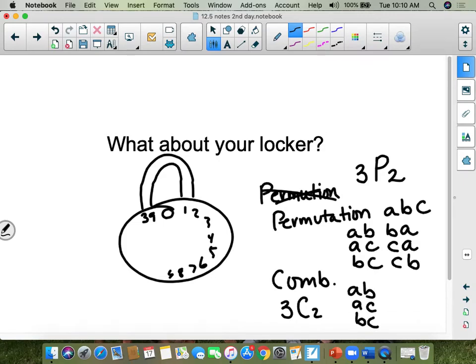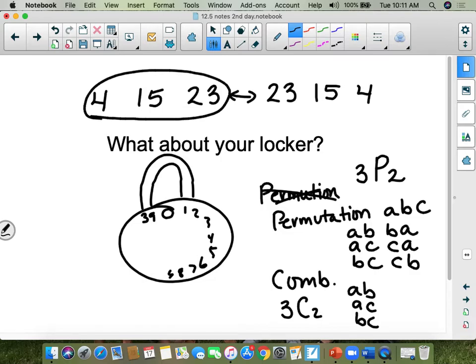So let's say your combination on your locker is a 4, then a 15, and then a 23. 3 numbers out of those 40 numbers. Could somebody have a different combination of 23, 15, or 4? Are these different? They are different.